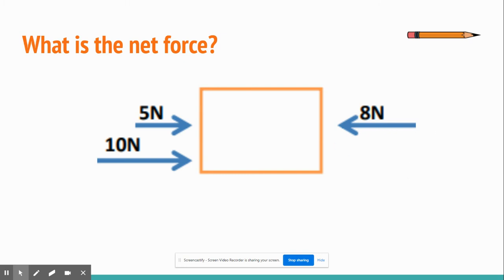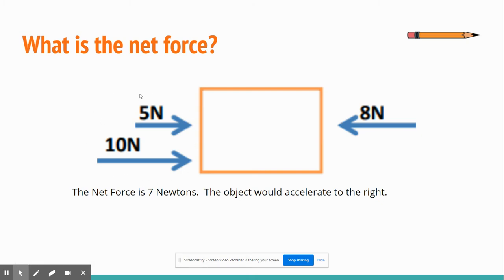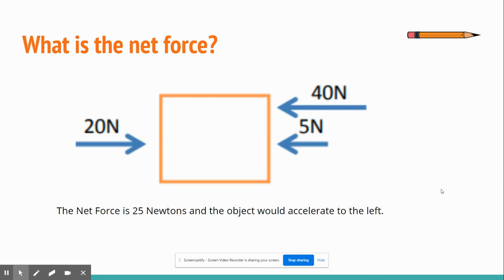And 15 minus 8 is 7, last time I looked. So the net force is 7 newtons, and the object would accelerate to the right because that leftover 7 newtons came from these two forces, which are to the right. So the object would accelerate to the right.